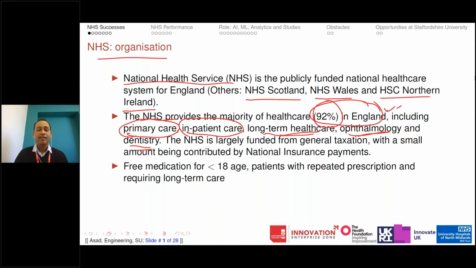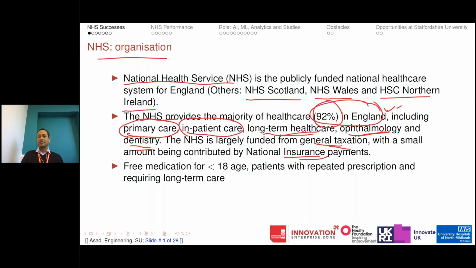Okay, like I mentioned, it is a single payment system from the government, and government gets money from general taxation, and they take some money from the national insurance payments to provide money for the NHS. The beauty of NHS is it's totally free.